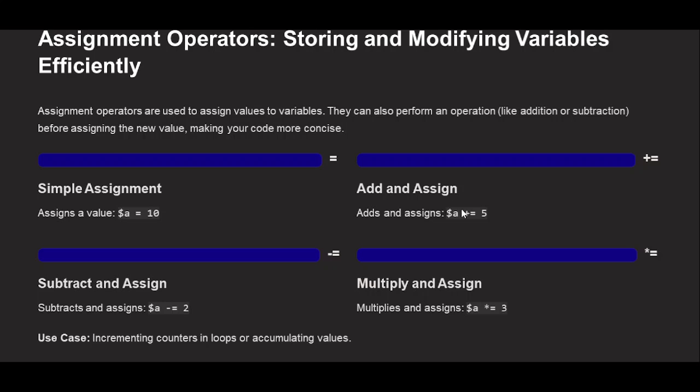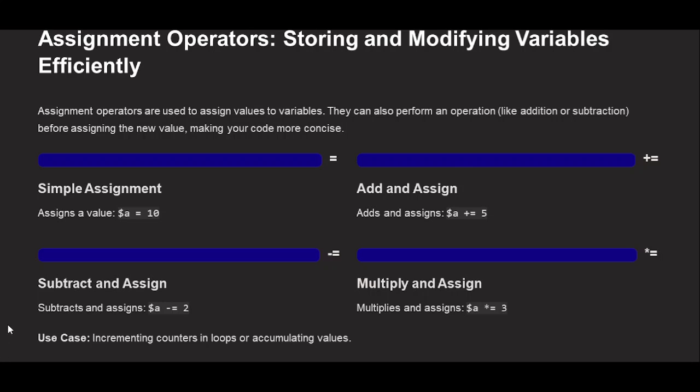What does it mean? Whatever the existing value of $a is, it will add 5 to that, and then it will assign that total value to $a. For example, the value of $a is 10, right? So when I'm saying $a += 5, it means it will add 5 to 10, it will become 15, and now $a will get the value of 15.